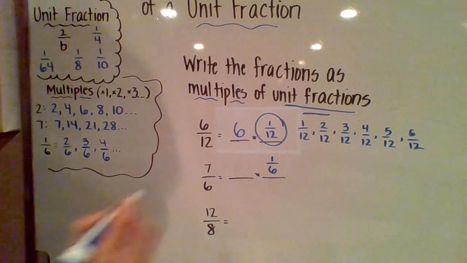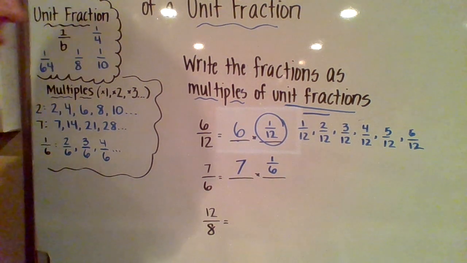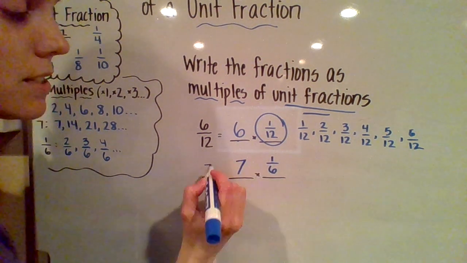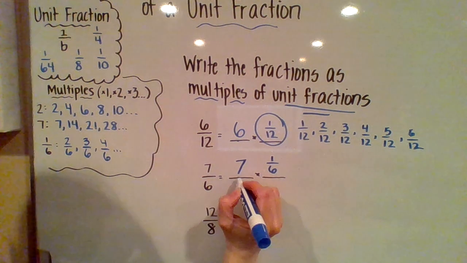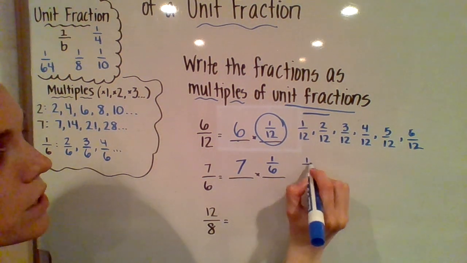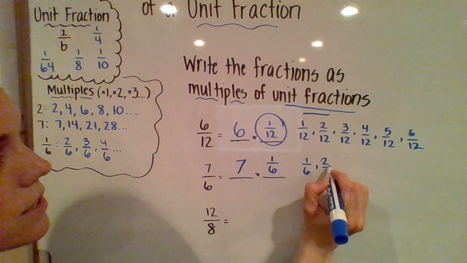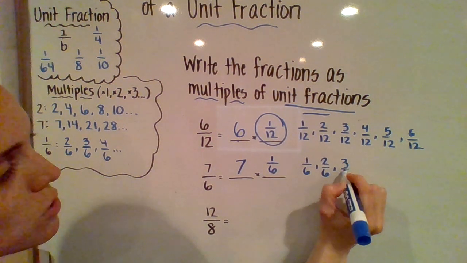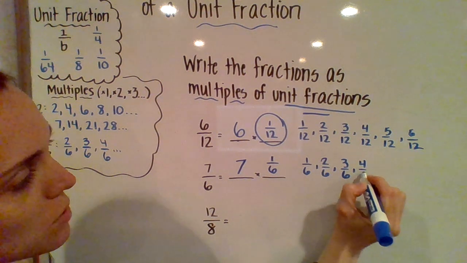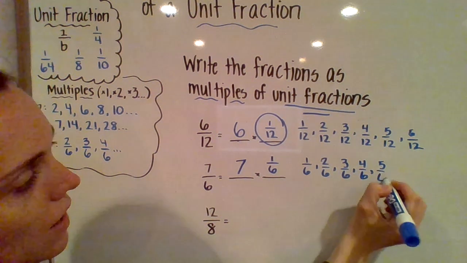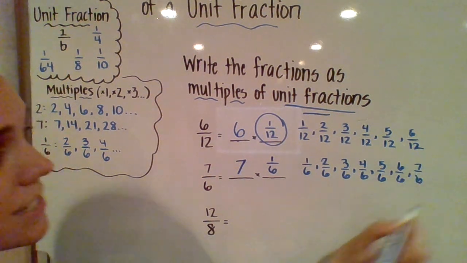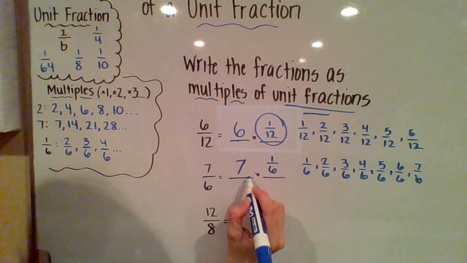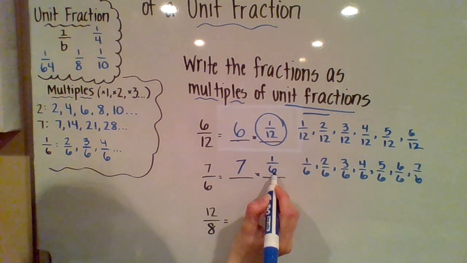And our answer would be 7. 7 times 1 is 7, and the denominator stays 6. Think about it. The 7th multiple of 1/6: times 1, times 2, times 3, times 4, times 5, times 6, and times 7. 7 is the multiple of the unit fraction 1/6.